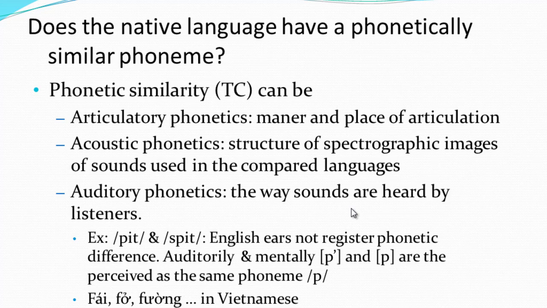Can you give me some examples of manner of articulation? Nasal. What else? What is the manner of articulation for sounds like b and v?